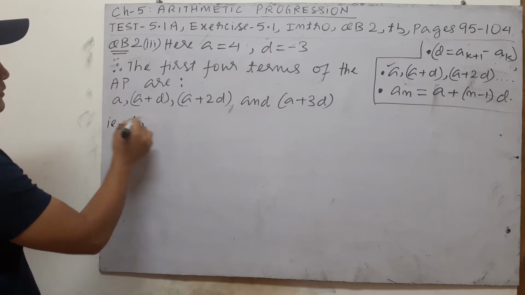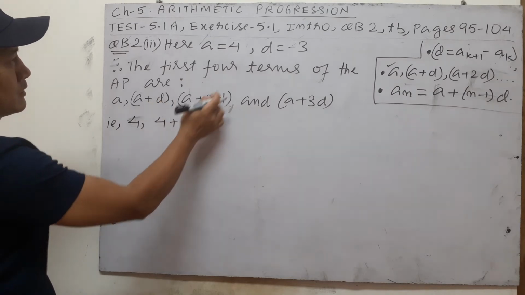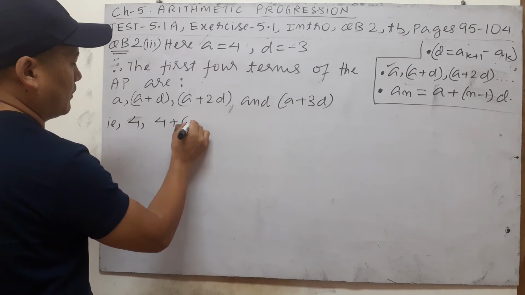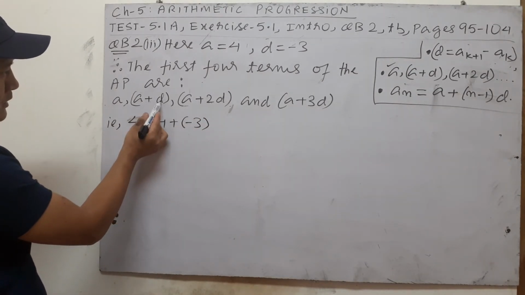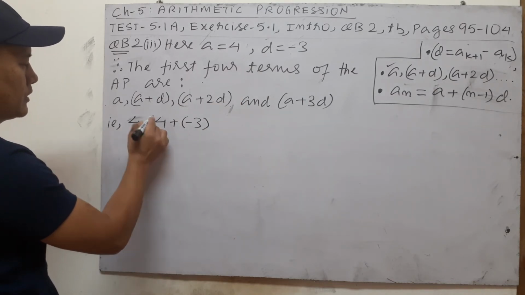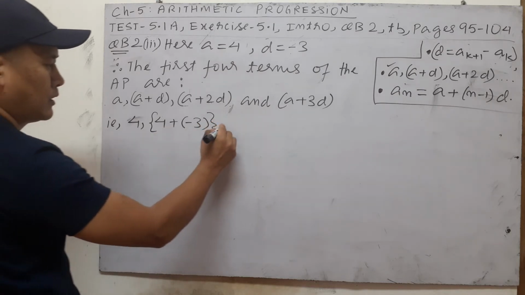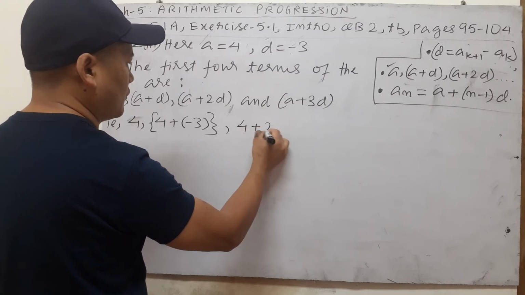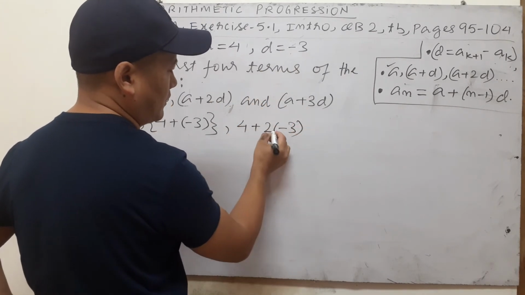4, the first term. Second term, A is 4 plus D is minus... Since there is a minus, let's use a bracket. D is here minus 3. So I hope you got the A 4 plus D minus 3. Since you have used up the first bracket, cover it up with the second bracket indicating this is the second term, comma, the third term, A is 4 plus 2 into D is again minus 3.